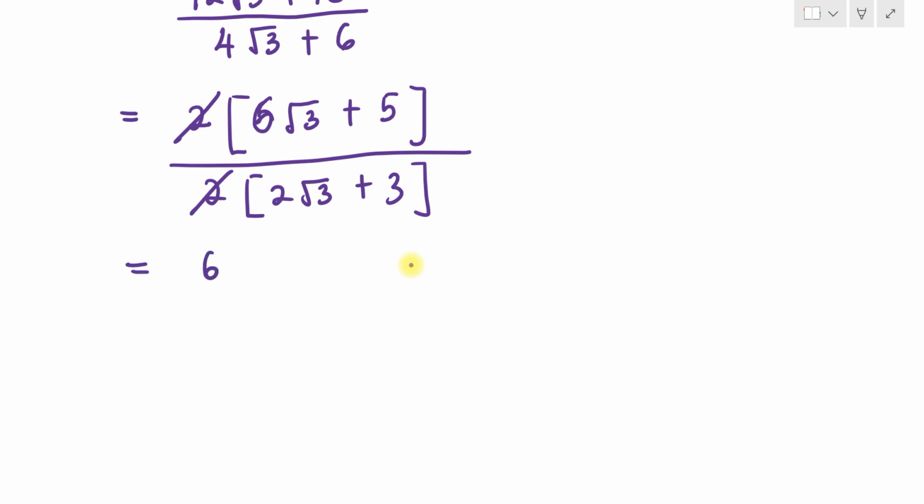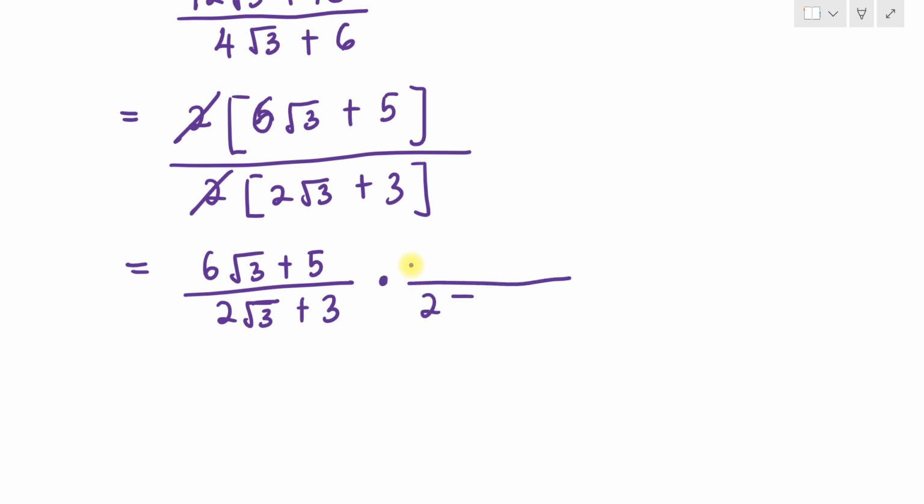So is our answer ready? Not yet, because our denominator has a surd. You cannot leave your answer as a fraction with a surd in the denominator. Okay, we cannot have a surd at the denominator, so we need to rationalize it. 2√3, conjugate it, minus 3.